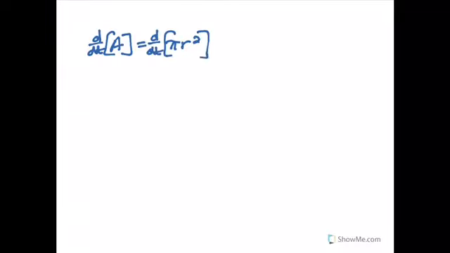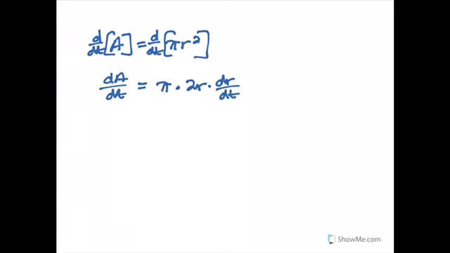Okay, so we want to take the derivative of both sides of our equation, so I'm going to take the derivative with respect to time. And on the left, I'll get dA/dt. And on the right, pi is just a constant that stays out front. Derivative of r squared would be 2r times dr/dt. So, this is what we're trying to find.